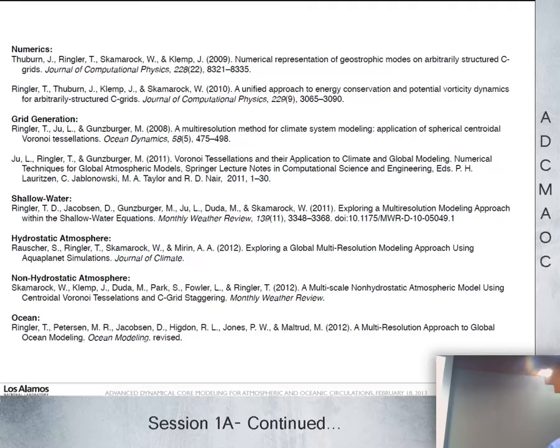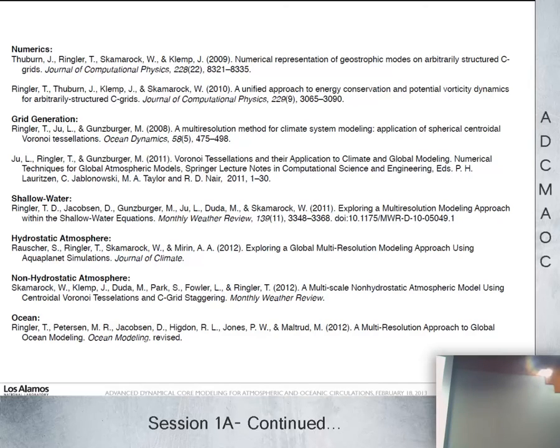So we would like the parameterizations to act appropriately, act correctly at different resolutions. And so as a process becomes resolved, we would like the parameterization to turn itself off.